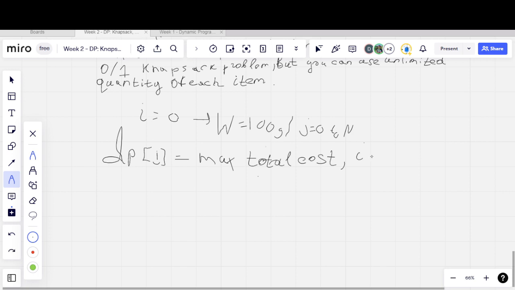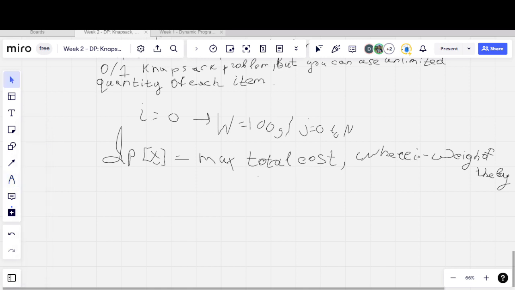E is the weight of the backpack. Do you understand? Yes. I think it will be easy to understand from the previous task. In the solution we consider the x variable, let it be x.